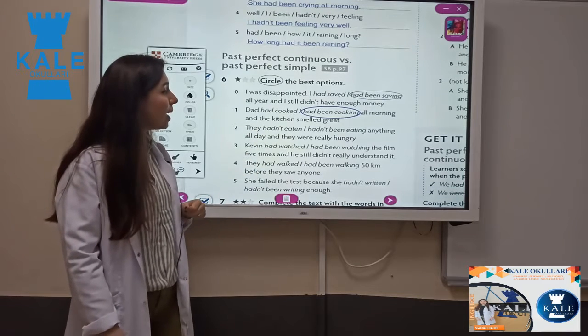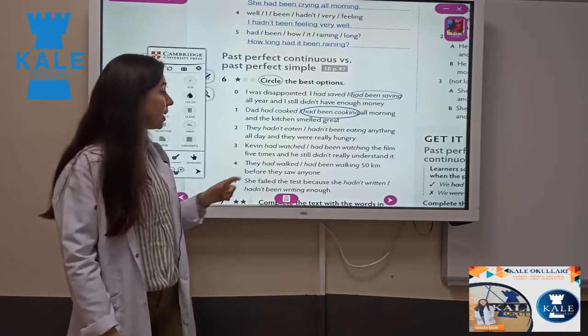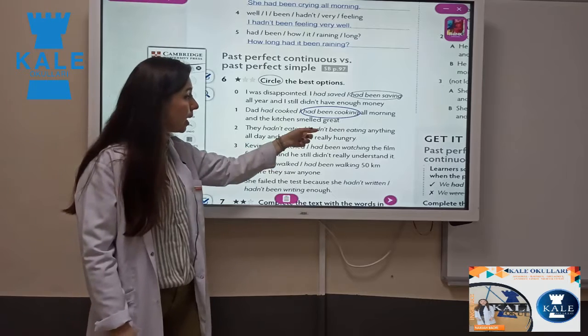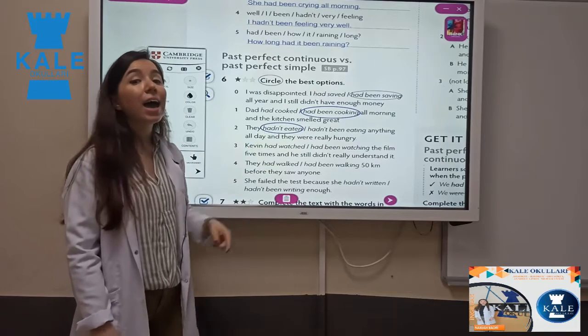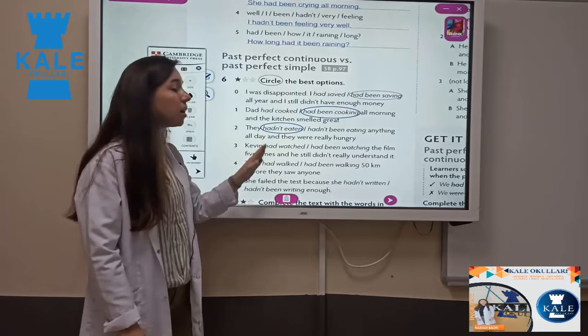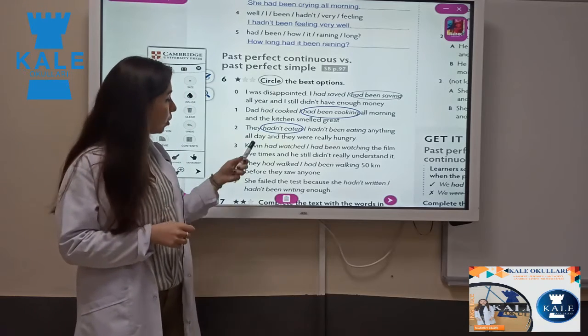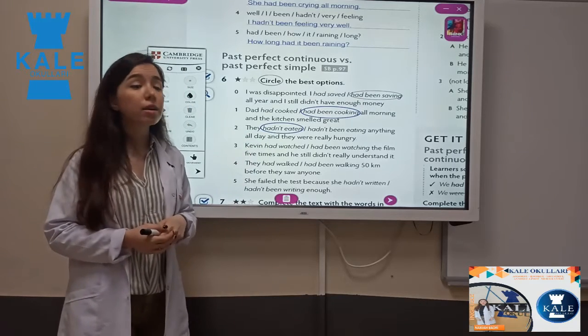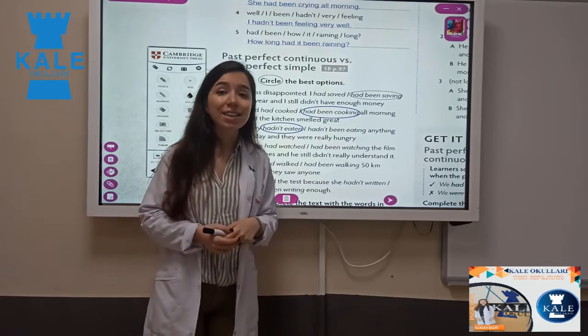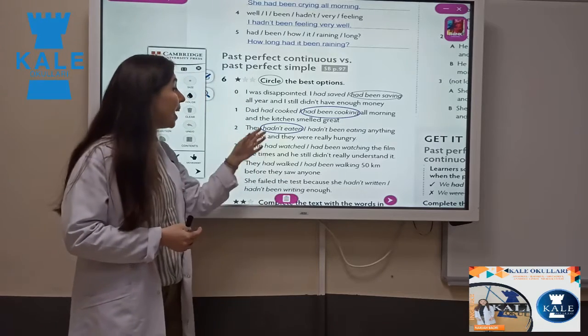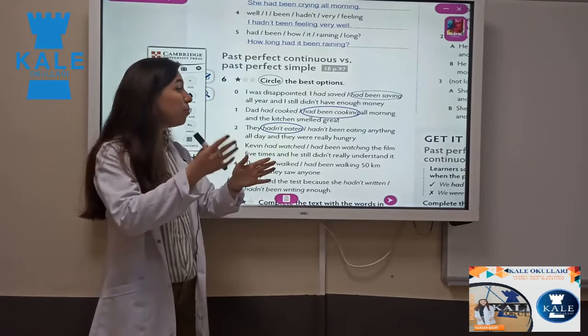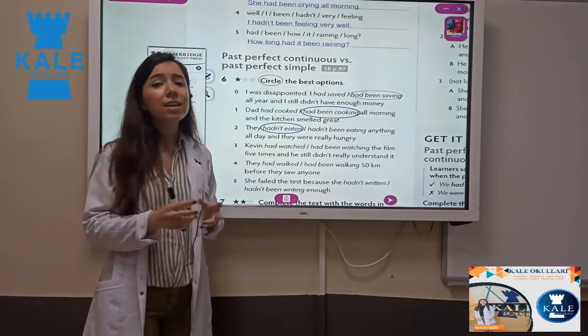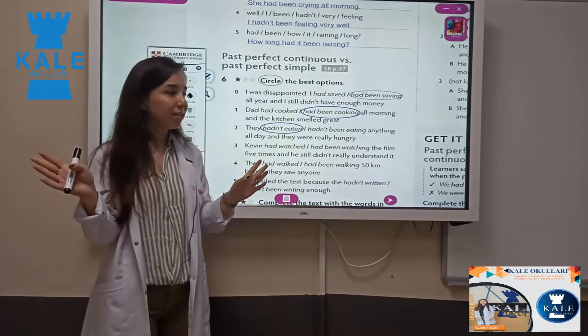They hadn't eaten anything all day and they were really hungry. Here maybe you are going to say that we have all day here, so why are we not going to use hadn't been eating? Because it's something in the past, before another action, something that finished. They hadn't eaten.